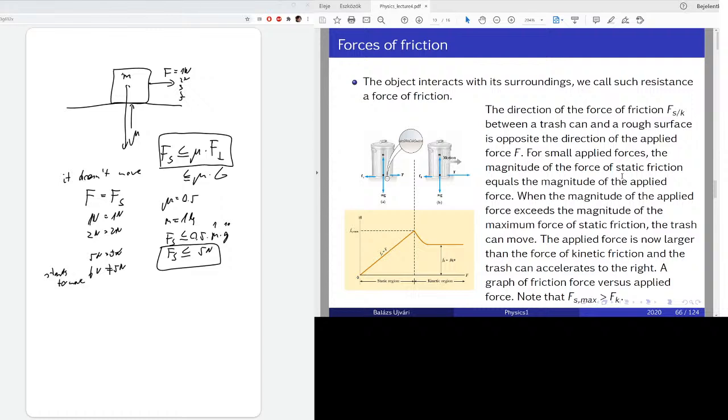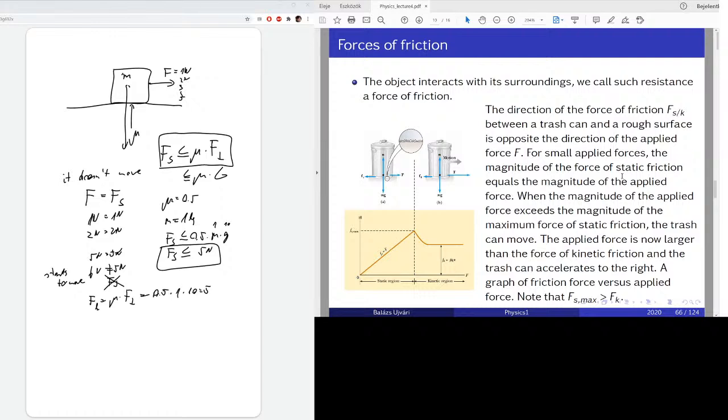And from here, we can forget the static friction. We have to calculate with the kinetic friction. Kinetic friction is nothing else, just mu times the perpendicular force. In this case, this is 0.5 times 1 times 10, which is again, of course, 5 Newton.